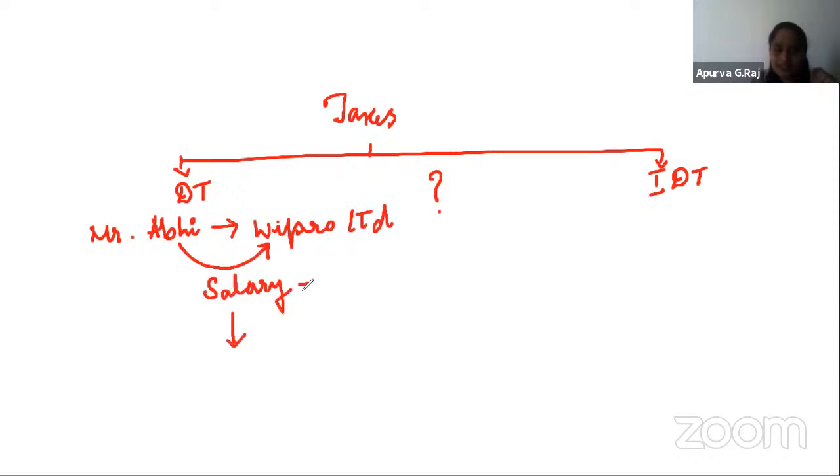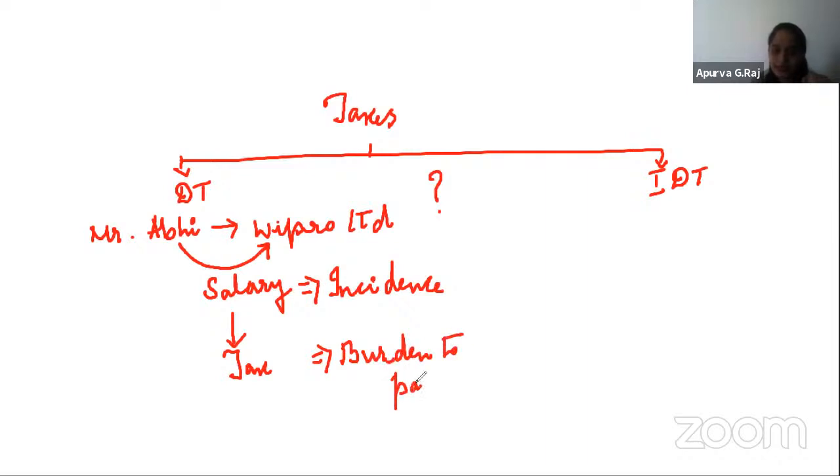The incidence to pay the tax has arisen due to his employment. On the salary income he has received, he will be paying tax. So, the burden to pay a tax is on whom? It is on Mr. Abhi.